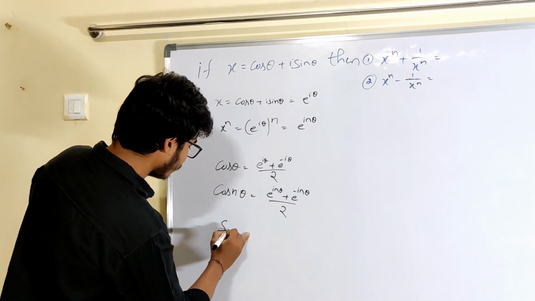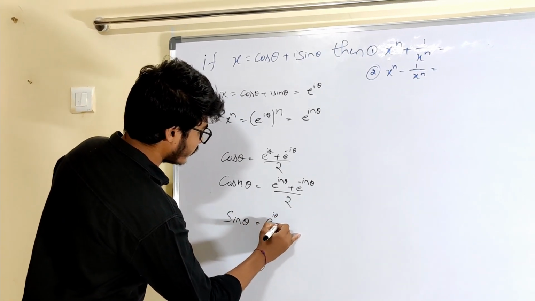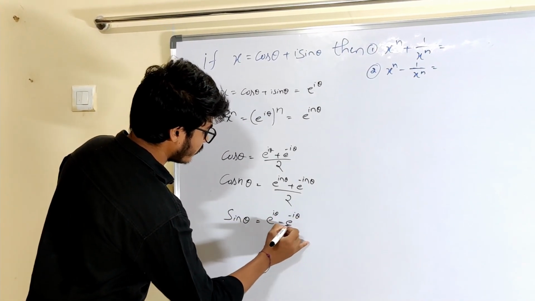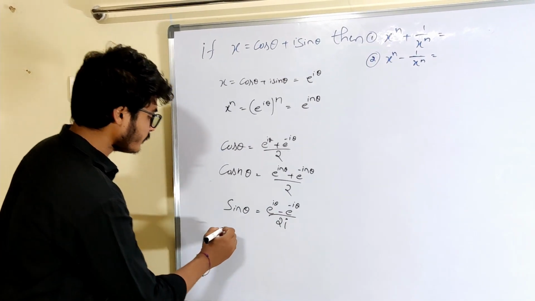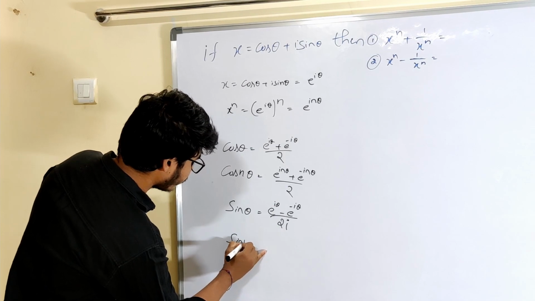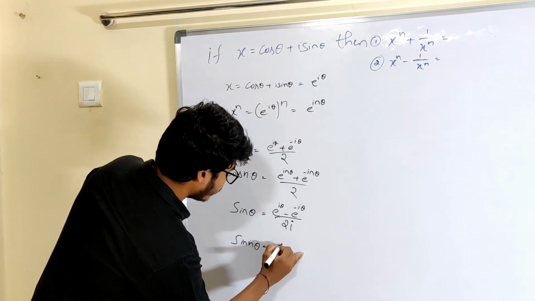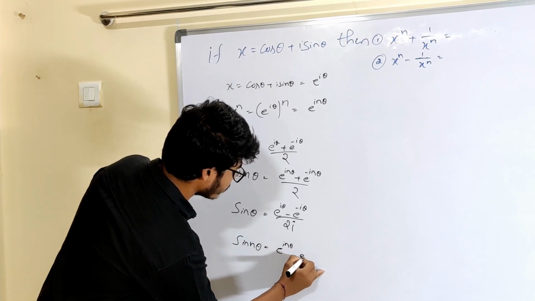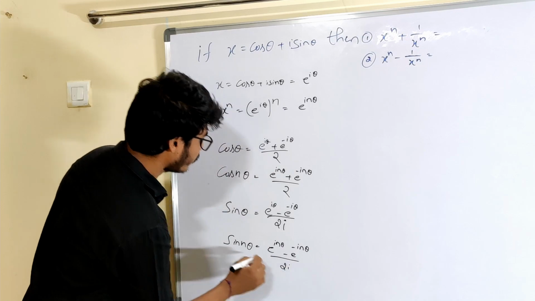Similarly, sin theta can be written as e power i theta minus e power minus i theta divided by 2i. Sin of n theta can be written as e power i n theta minus e power minus i n theta divided by 2i.